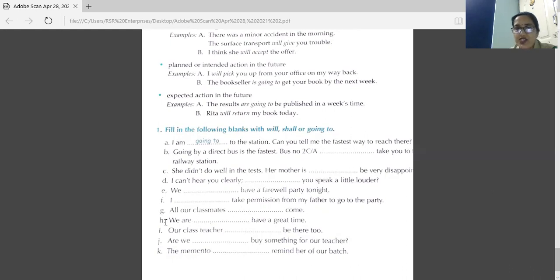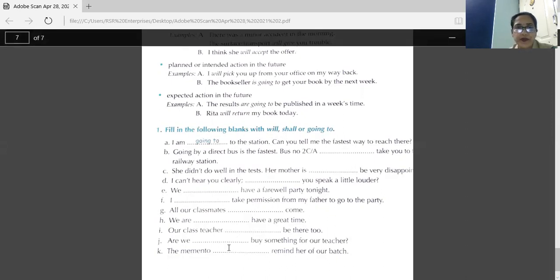Sentence H. We are. Now here we have to use going to. We are going to have a great time. Sentence I. Our class teacher. Your answer is will. Our class teacher will be there too. Next one.